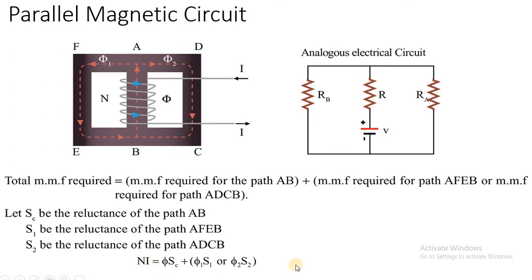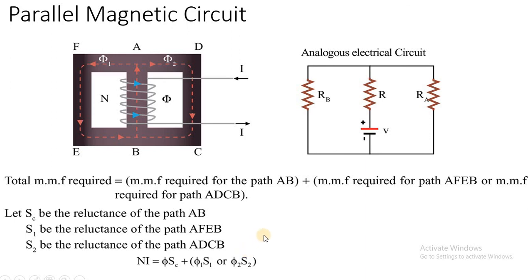Second equation: Ni equals again phi SC, the middle branch, plus the second part, ADCB. ADCB has the flux phi 2 and the reluctance is S2. So phi SC plus phi 2 S2 gives me another equation for Ni. So this is called a parallel circuit.